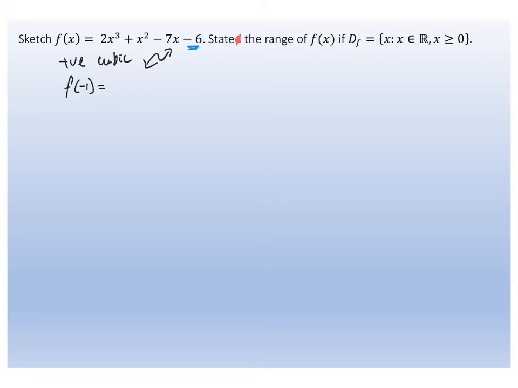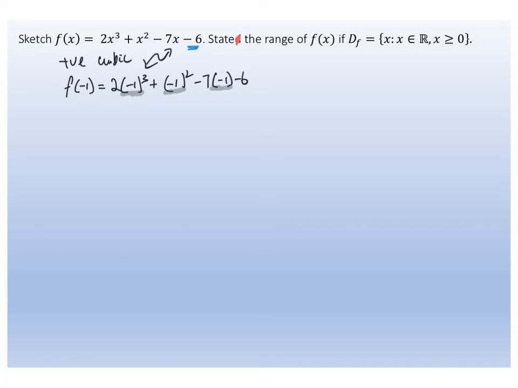So let's try f(minus 1): minus 1 cubed plus minus 1 squared minus 7 times minus 1 minus 6. Again, remember, always put in the brackets.